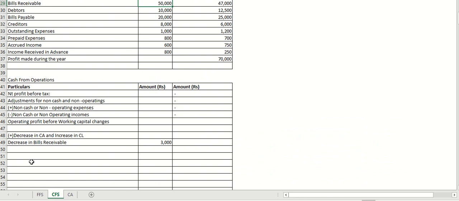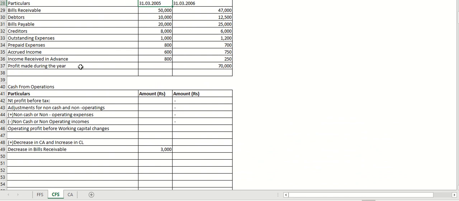Next, debtors have increased, so you will minus it. So let me write down the format first. Minus increase is just a reverse of it. What we add, we will minus the reverse of it.